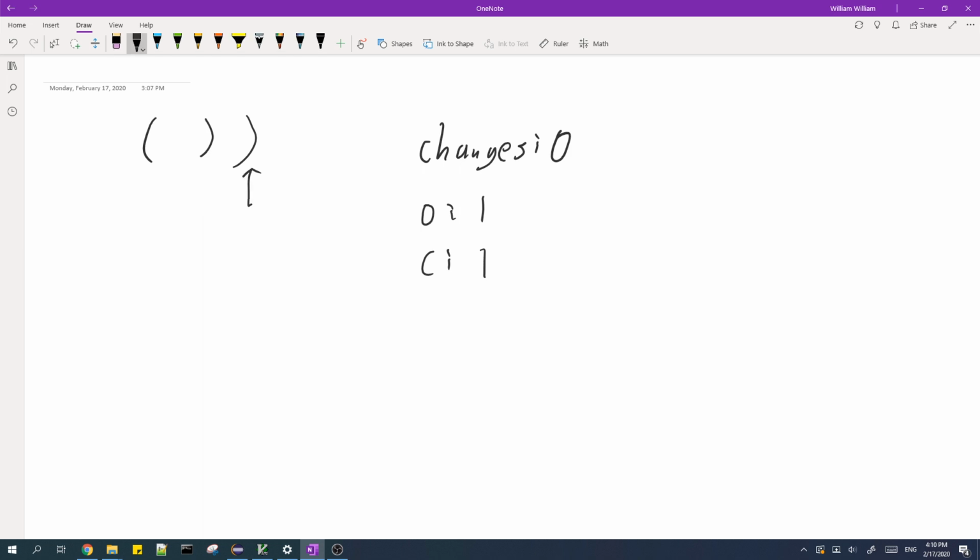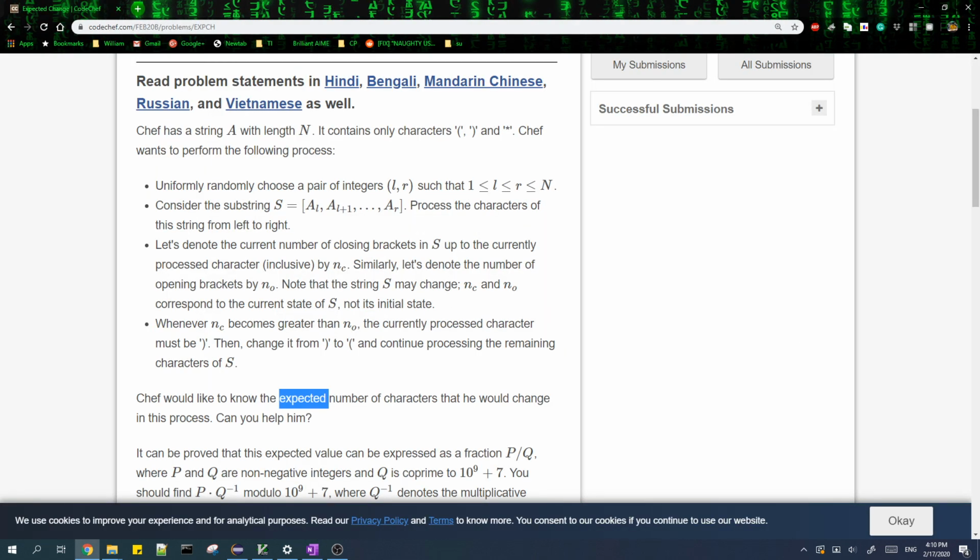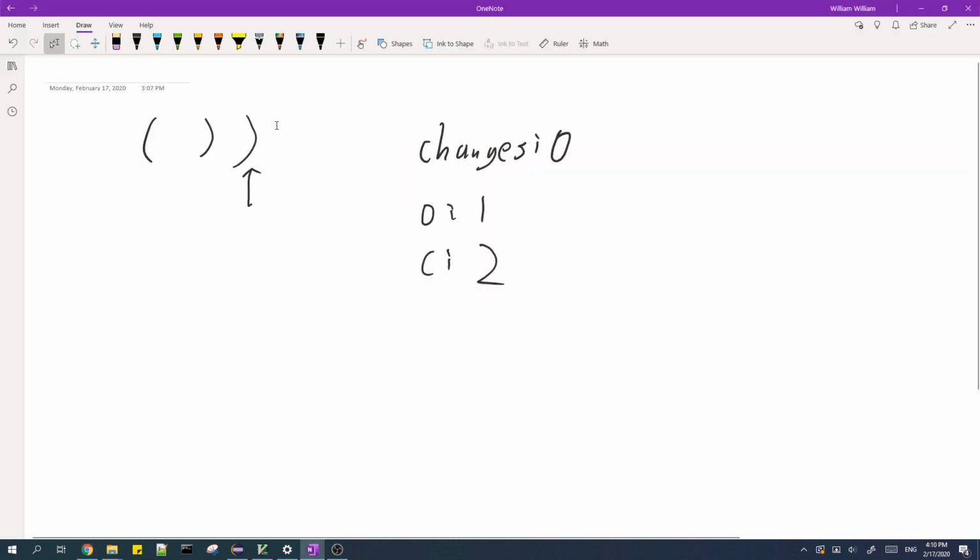Then we process the next character, and C increases to 2. The problem statement says that whenever the number of closing characters becomes greater than the number of opening characters, we must change this into a new character. After we change it, the number of changes increases by 1, and we also need to update the counts, so the number of opening becomes 2 and the number of closing becomes 1. So the answer for this subarray is 1, because we have a total of 1 change.